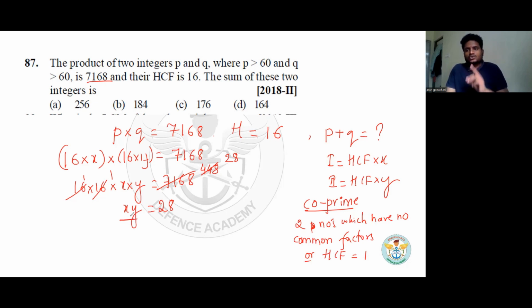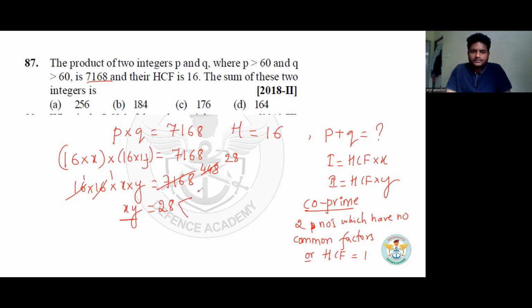Now we have to find co-prime pairs. By multiplying two numbers, I am getting 28. What are the two numbers by multiplying which I will get 28? I can get 28 using 4 into 7.